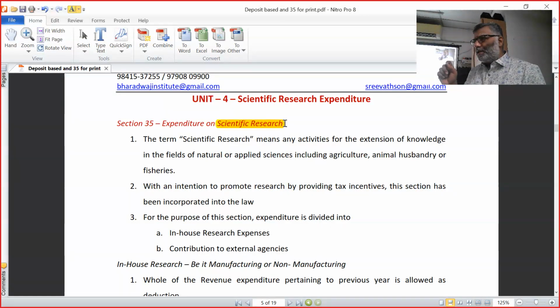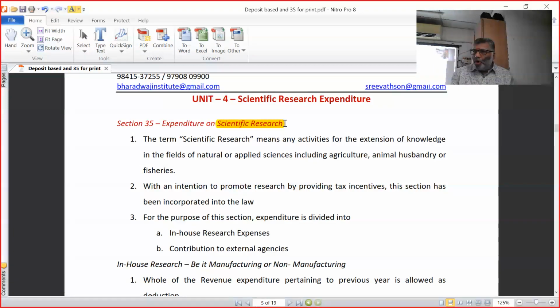If you spend on research, the spending can be two-way. One, you yourself have a research and development wing, that is a department, and spend it. Get the project approved by the ministry and start spending it.